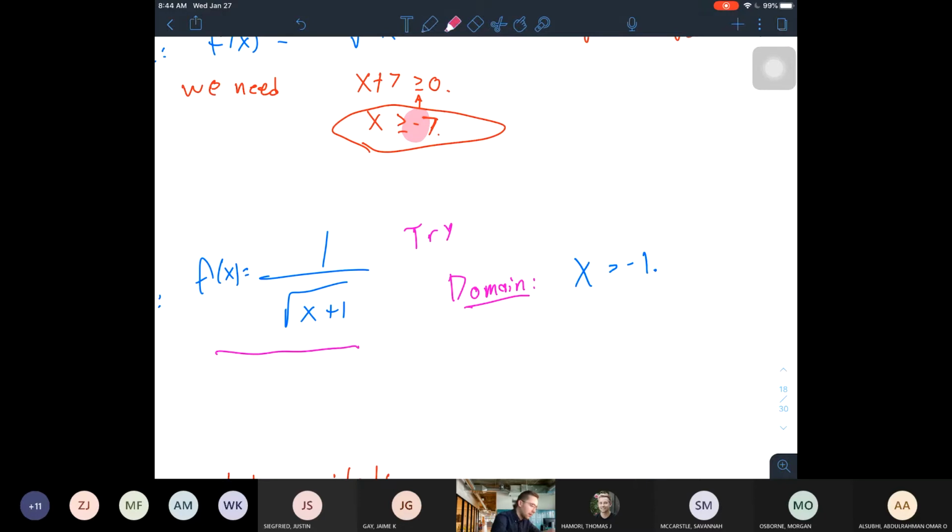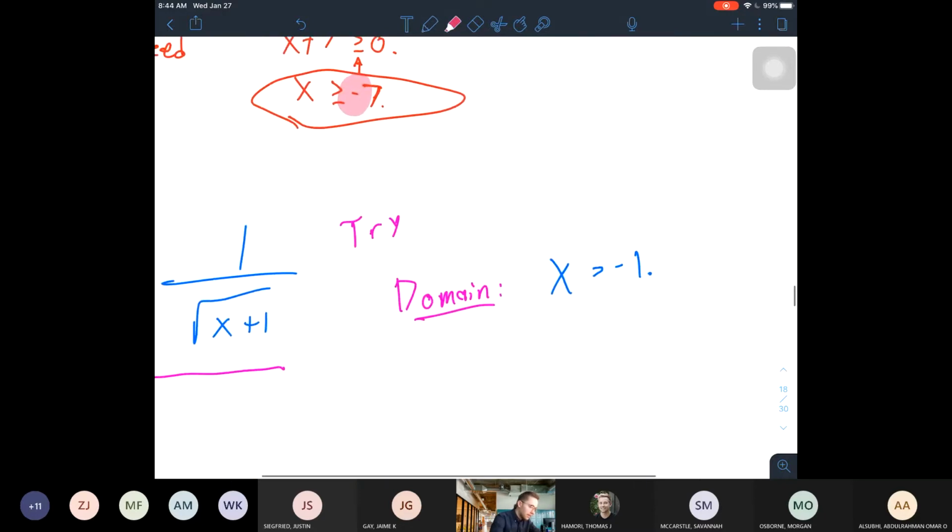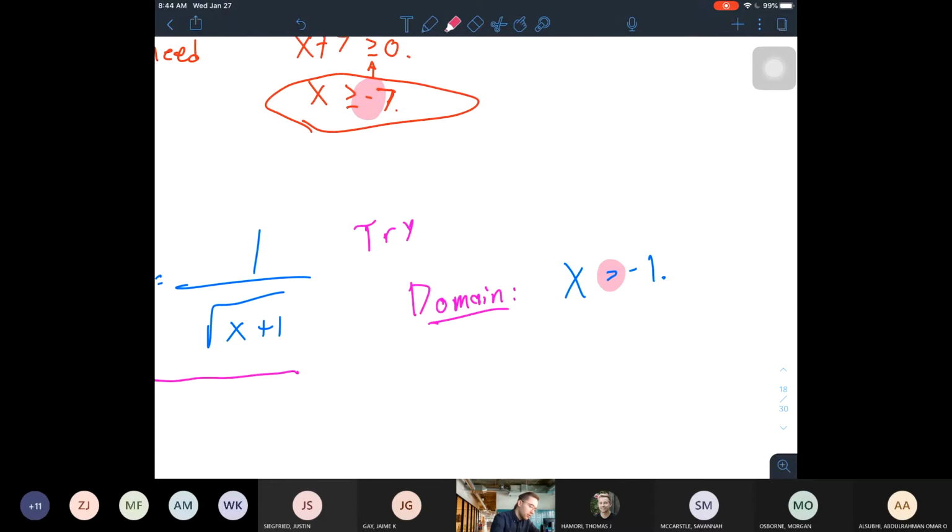Aeon, maybe I can pick on you a little bit and ask you, why is it that you chose to use the strictly larger than sign and not the greater than or equal to sign? Can you put words to that?